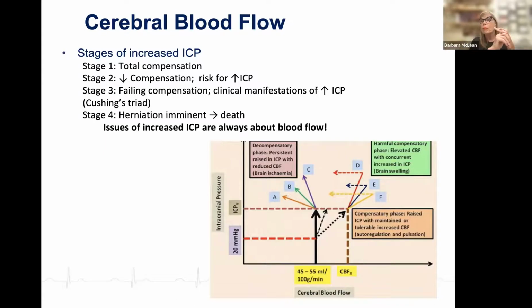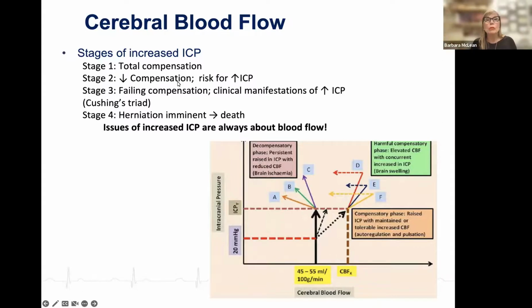So I've got free water, edema, I've got free blood, I have a brain mass, or I have blood volume issues, or maybe I have issues in reabsorbing cerebral spinal fluid. The compensatory phase is within a certain window of opportunity, I can shift off cerebral spinal fluid to make room for that increase in space. It's a small compensatory window, okay? And that compensatory window is known as autoregulation.